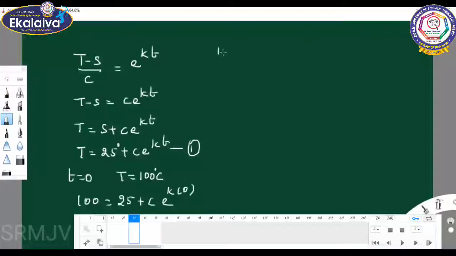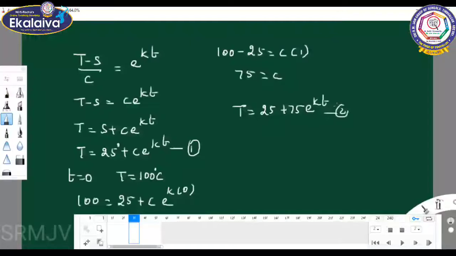So 100 minus 25 equals c into e power 0, and e power 0 is 1. So 75 equals c. Substituting in the equation, T equals 25 plus 75 e power kt. Take this as the second equation.